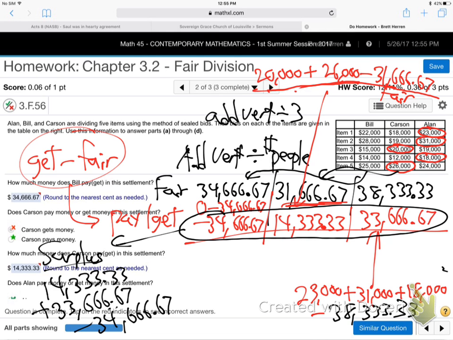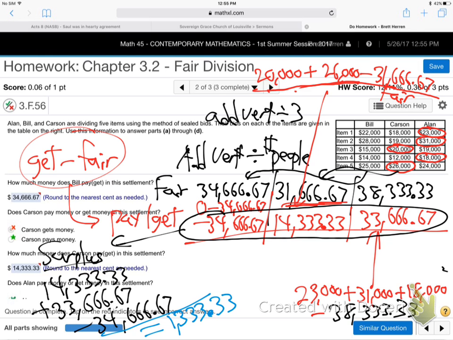Oh, I messed up. I'm getting surplus is 1,333.33.